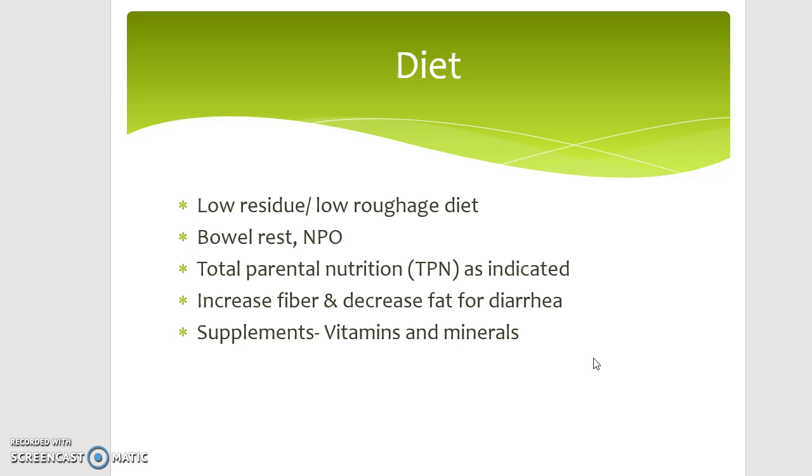In some cases, when people have been NPO for a long period of time, total parenteral nutrition, which is an alternative source to solid foods, may be indicated, and they need vitamins and minerals, increased fiber, and decreased fat for the diarrhea.